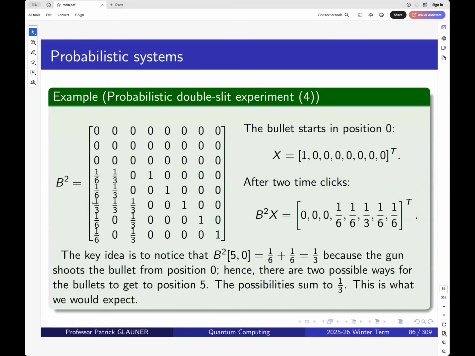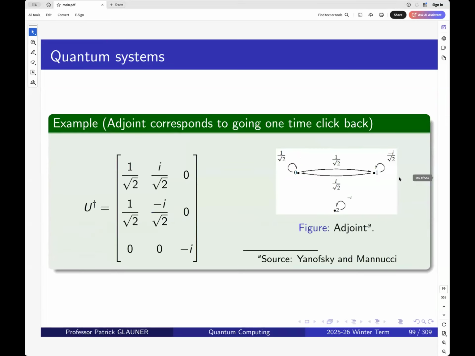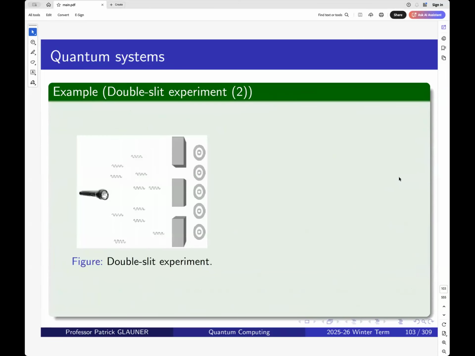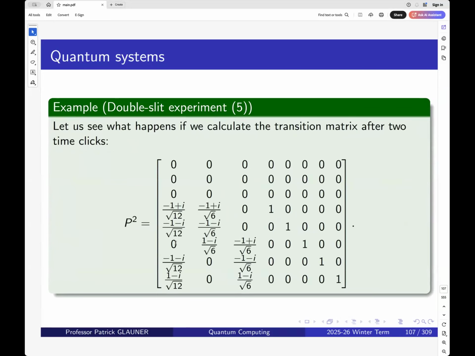So in the probabilistic double slit experiment, we were interested in this part here. And then when we had our start state 1 and all 0, and I multiplied this with P squared, this here actually led to the 1/3 I had over here. But now, if I build my P squared from the quantum double slit experiment, I have my P and my P squared, I will suddenly have a 0 in here.